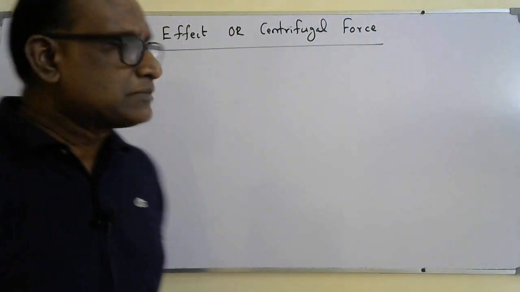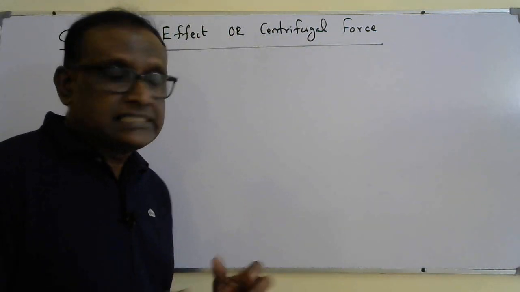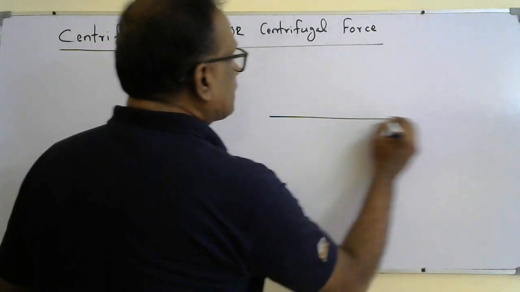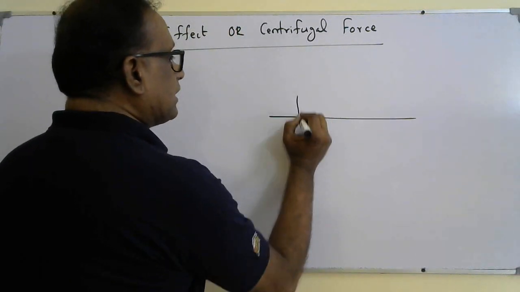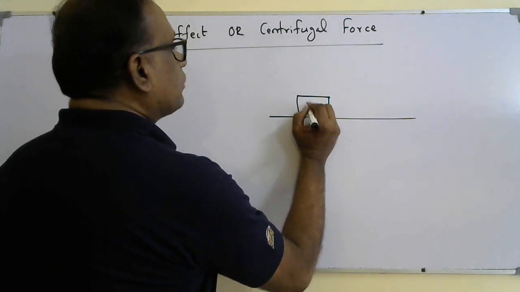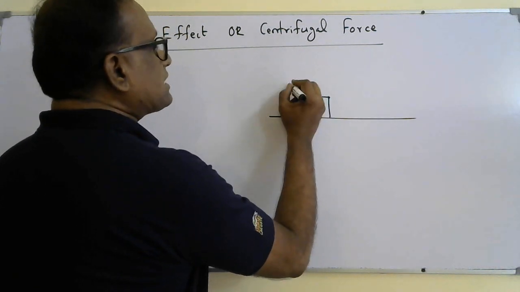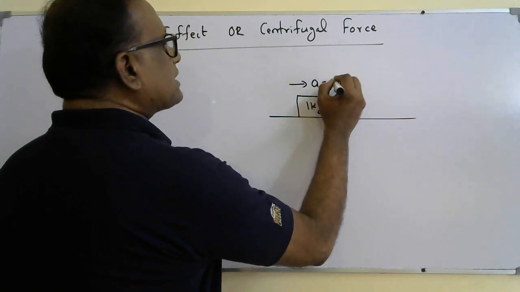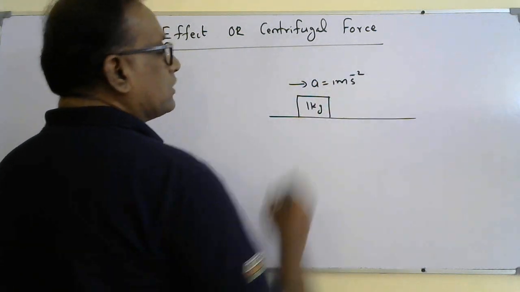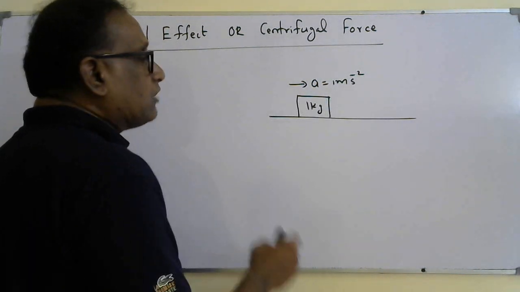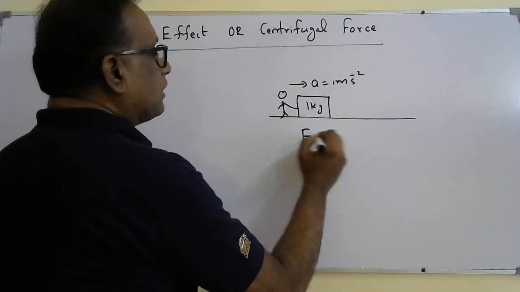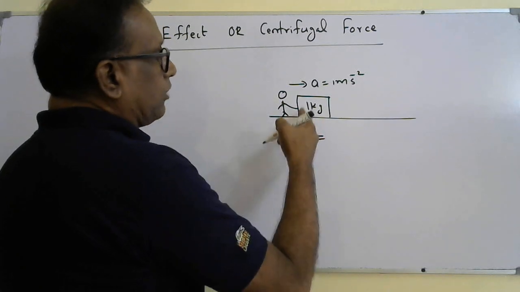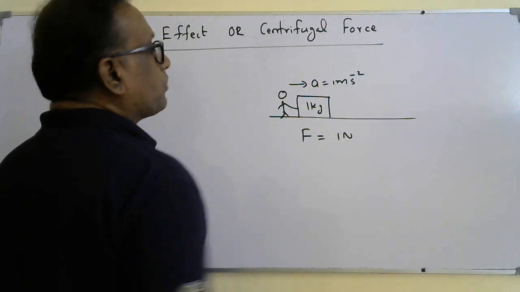Okay, simply I can explain the idea of inertia. Imagine there's a perfectly smooth horizontal surface, and a mass of 1 kilogram kept on it, and you want to accelerate it at 1 meter per second squared. We know the force you need to apply to the object is, from F equals ma, 1 times 1, which is 1 Newton.